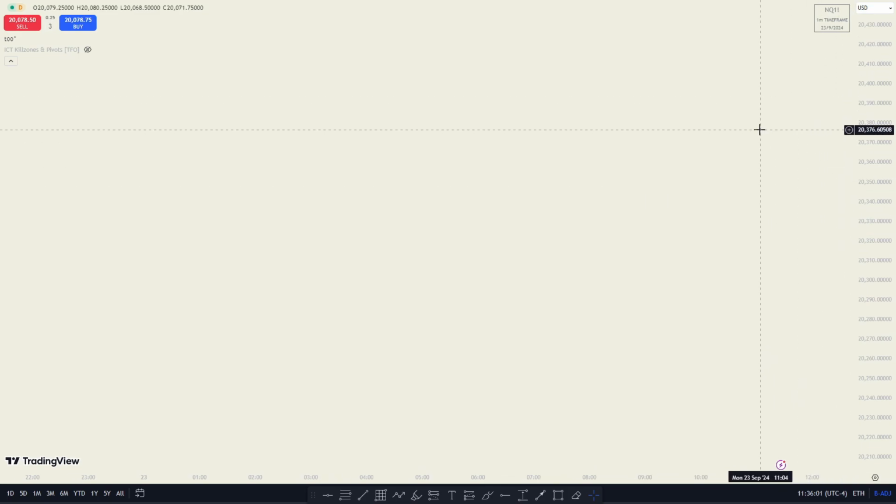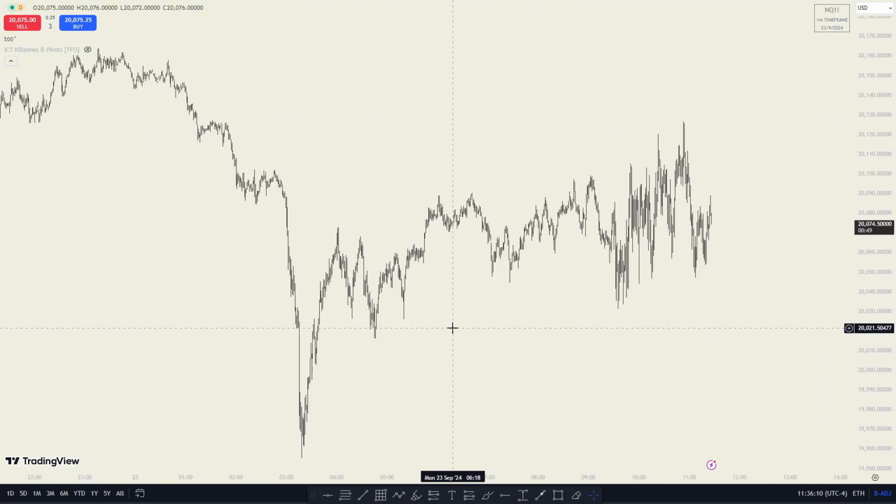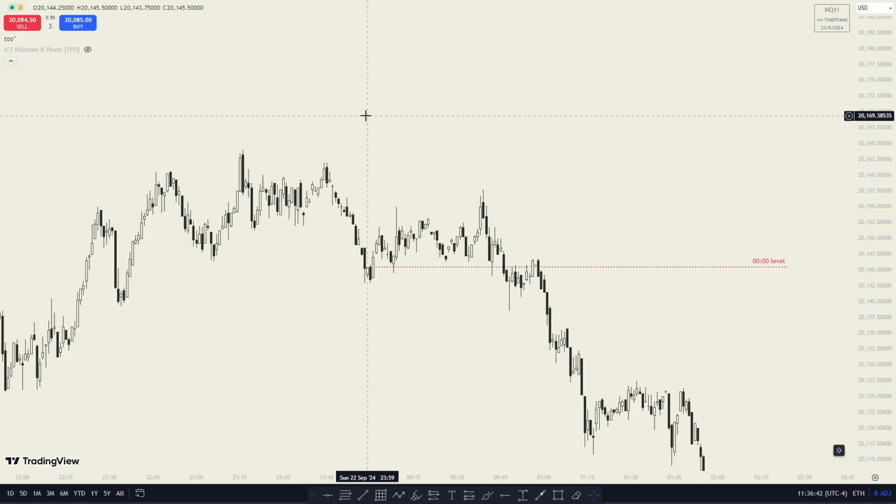identify premium and discount. There are two main times in price that are very important to mark out, that will help you to identify where is manipulation of Power of 3 and simply discount or premium. The first one is midnight opening price, New York time.